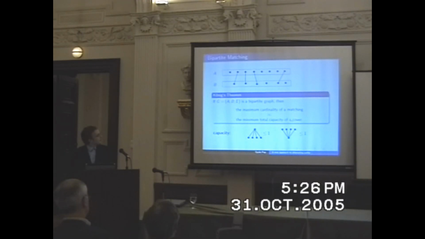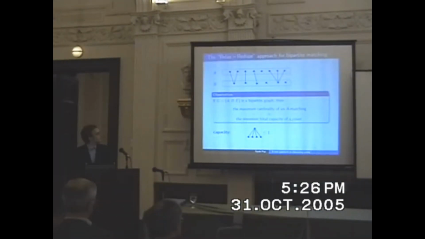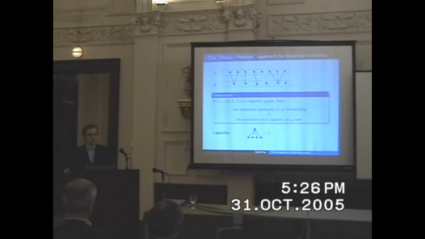That is, we cover the edge set of the bipartite graph by stars. So, in order to give a relax-reduce proof for this theorem, we need to give a relaxation problem, and here a problem which is very easy to solve.